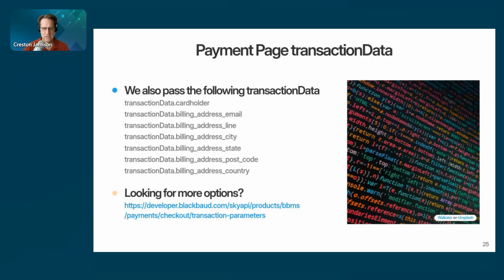What we have chosen to add to the transaction data is the cardholder name. That's what cardholder means here. The billing address, for the email and the actual address of the individual. And the Blackbaud modal has a place that you can click on to be able to look at those values and update them. And there are tons more options to be able to pass additional information or configuration to the modal that you can use at the link here.